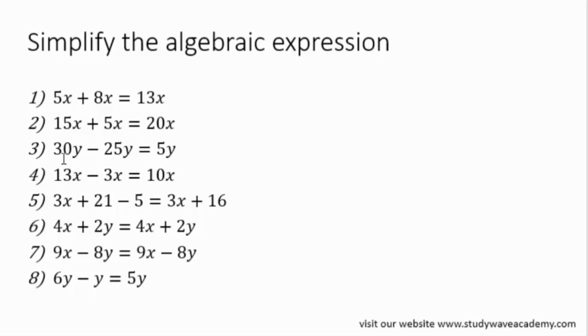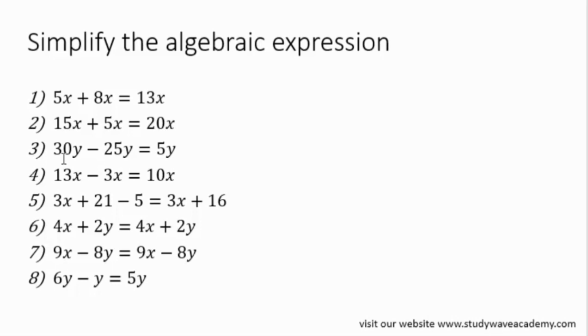In this equation, our variable is y. We'll just have to minus the numbers. If you minus 25 from 30, you're going to get 5, so our answer is 5y.